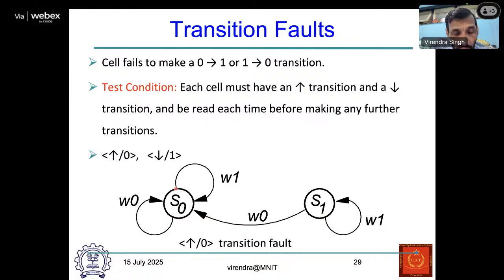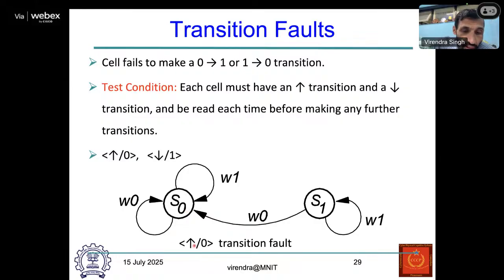But when you write 1, it may not go to state 1; it may continue to stay in state 0. However, if it is in state 1 and you write 1, it will go to state 1. But when you write 0, it can transit to state 0. So this we call the transition fault.